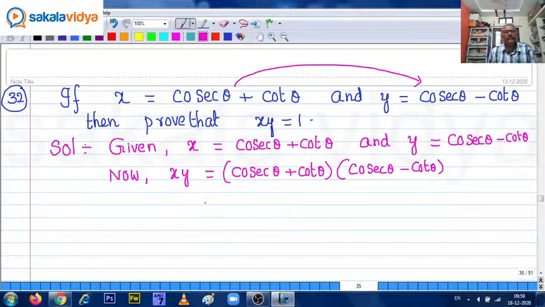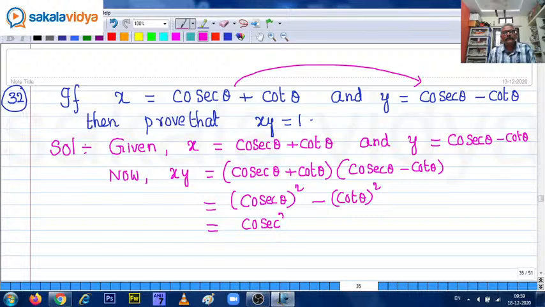A plus b into a minus b. So we get cosec theta whole square minus cot theta whole square. You get cosecant square theta minus cot square theta. Cosecant square theta minus cot square theta is 1. Hence, proved.